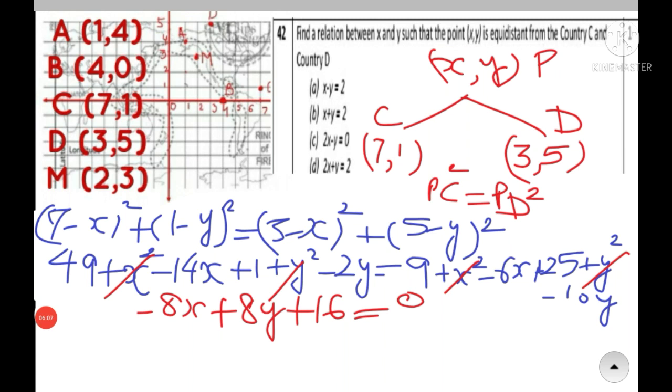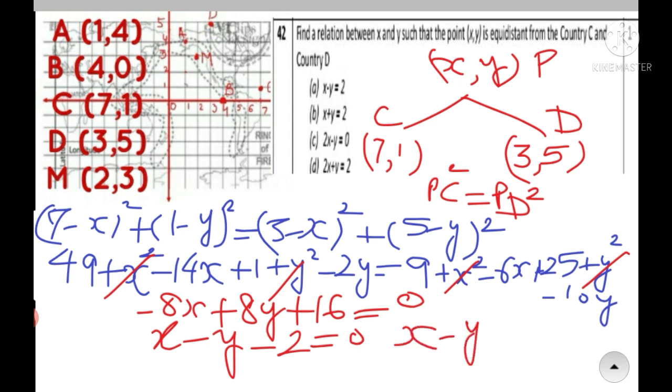Let us divide by minus 8 throughout as it is common. I get x minus y minus 2 is equal to 0. And on solving, I get x minus y is equal to 2, and clearly the first option is the correct answer.